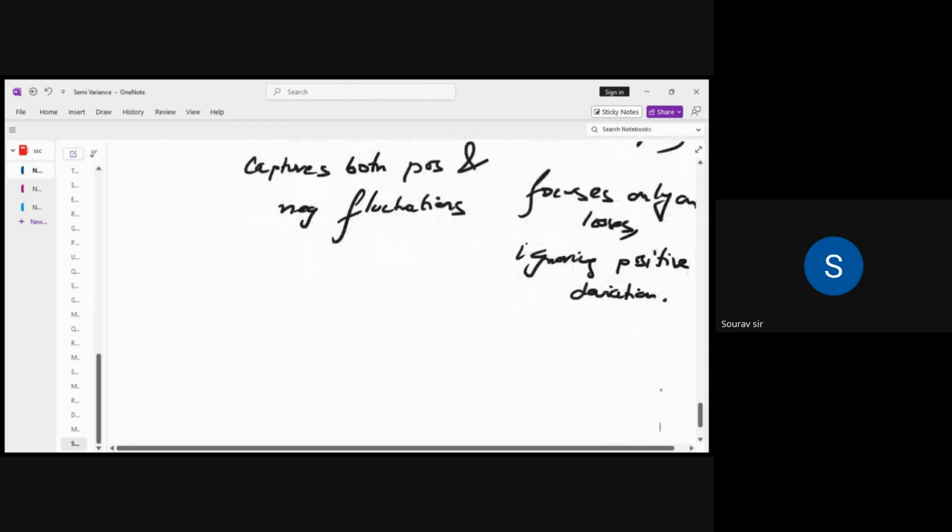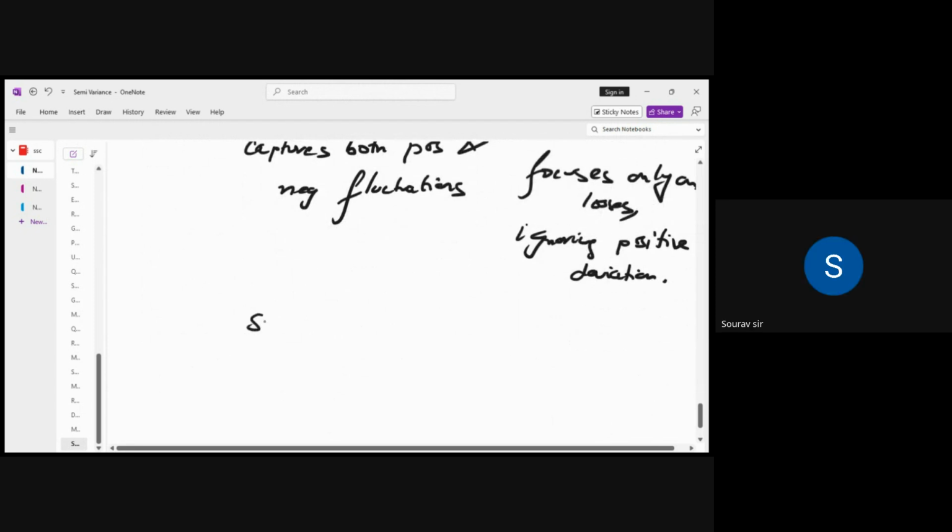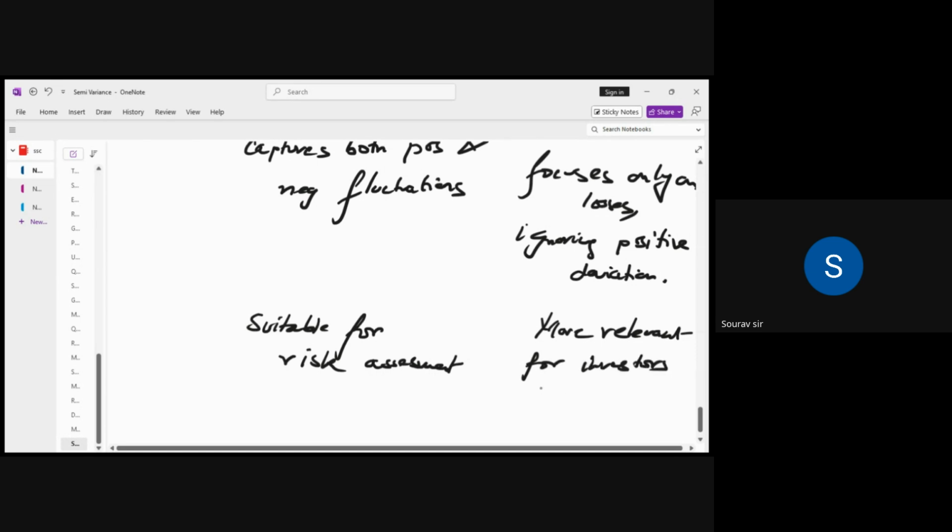And what is the risk interpretation? It is suitable for risk assessment and it is more relevant for investors who fear losses.